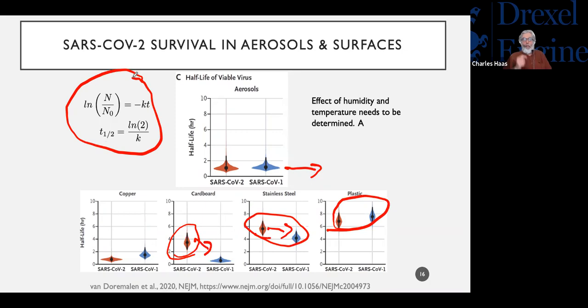Essentially, by invoking the concept of a half-life, we're saying that die-off follows an exponential decay. And it certainly may for a while, but whether it does entirely is not clear. We characterize the exponential decay rate by a rate constant K, and there's a relationship between the rate constant and the half-life.